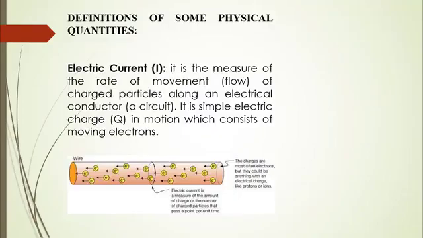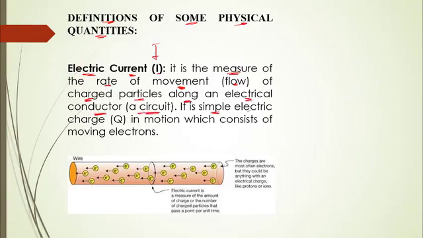At this point, let's talk about the definition of some physical quantities associated with an electric circuit. The first is electric current, which is symbolized by I. Electric current, put simply, is the measure of the rate of movement. When we say movement, we mean the flow of charged particles along an electrical conductor, that is a circuit.